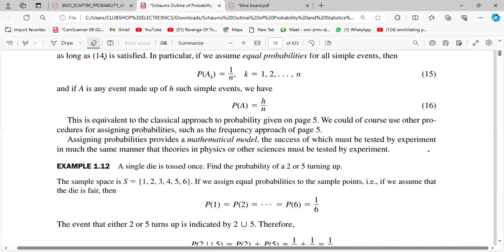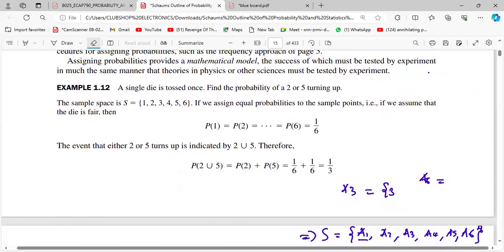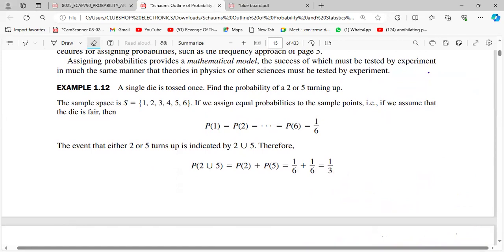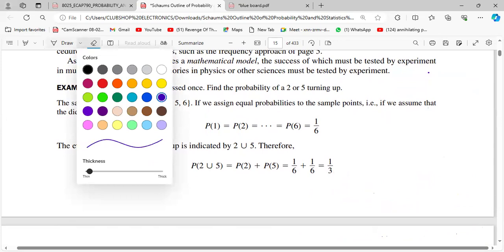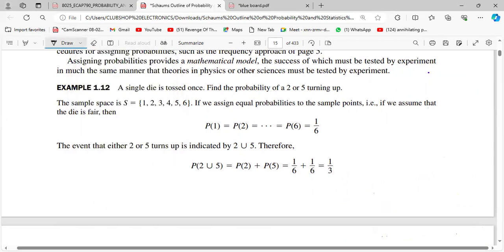Now we can look at the examples, to see how best we can solve them utilizing the theorems that we have looked at so far. We are saying a simple die is tossed once. Okay?